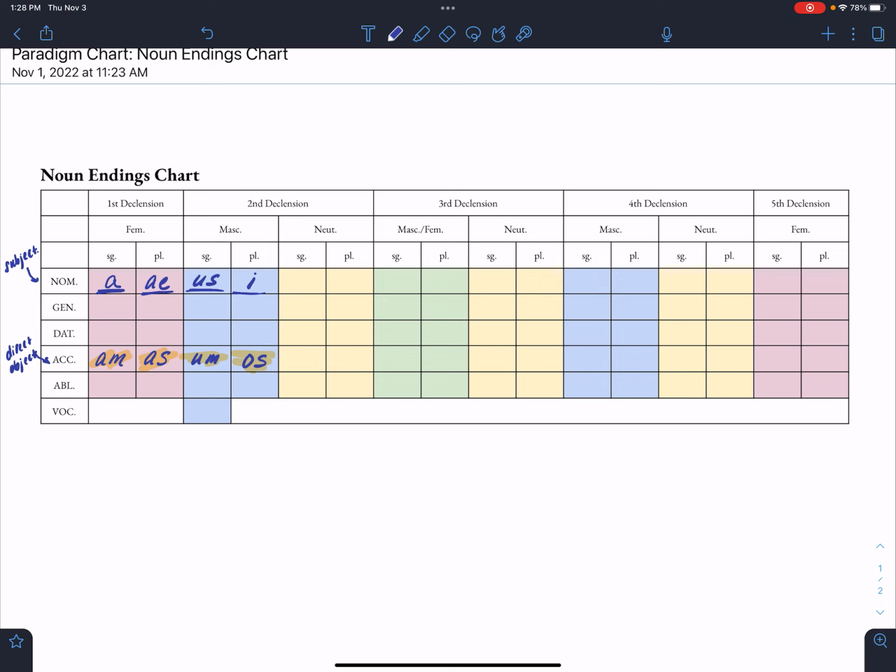But we don't do that for nouns, because a girl is a girl as the subject and the direct object. The girl smashed the pumpkin, the pumpkin smashed the girl. The word girl doesn't change. We use word order in English, but in Latin we use endings, and Latin is totally inflected, meaning that nouns change endings, adjectives change endings, the verbs change endings. Greek is like this as well.